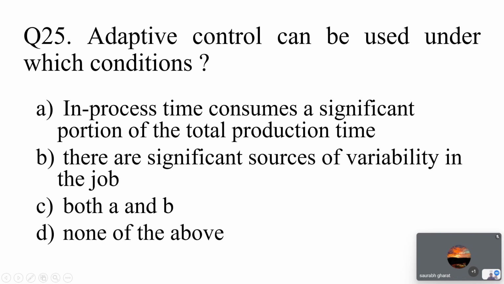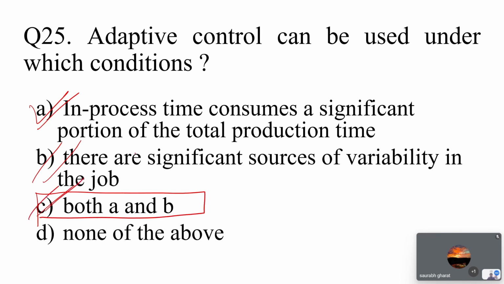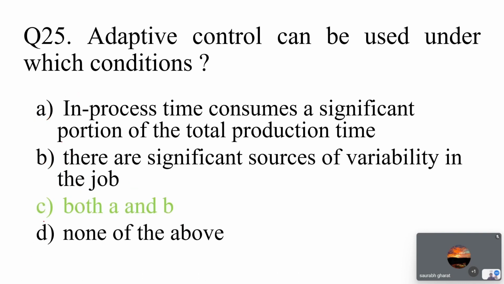In a process, when time consumes a significant portion of total production time, so this is correct. And there is a significant source of variability in the job, so you have environmental problems to check. If there are variable sources and variability is high, we can go to adaptive control. So both A and B are correct, in case of increased process time and significant variability of the job. Okay, so this is the correct answer. Both A and B.